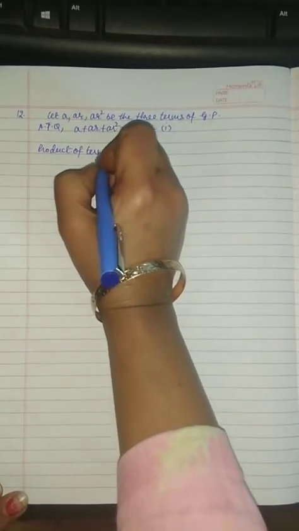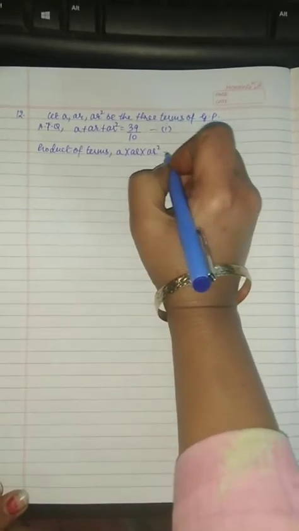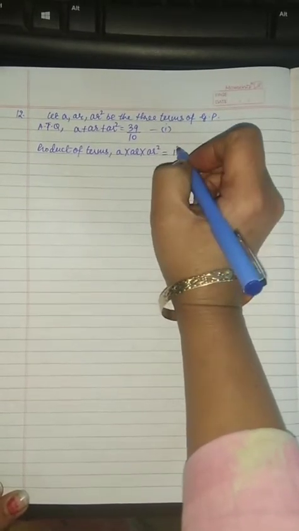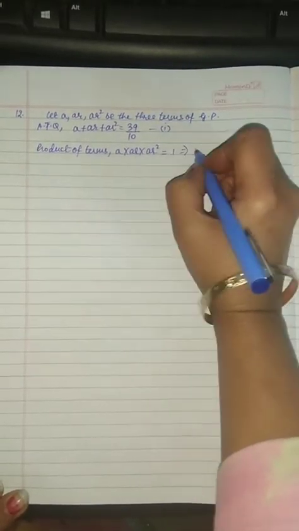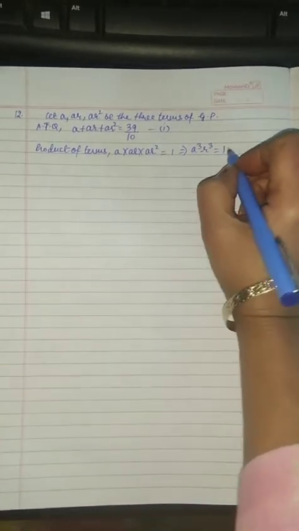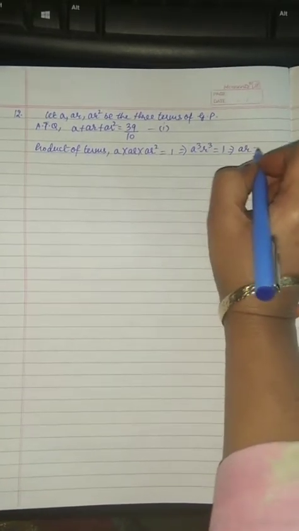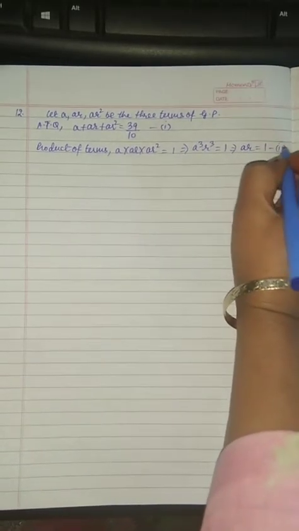All these 3 terms we will multiply, so it will be a · ar · ar² = 1, which gives us a³r³ = 1, or you can say ar = 1. This is equation number 2.